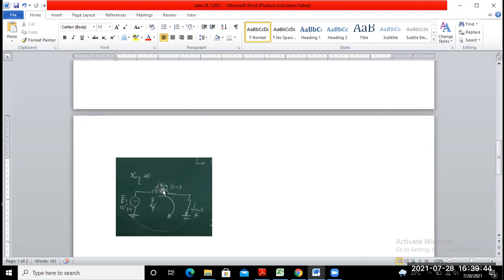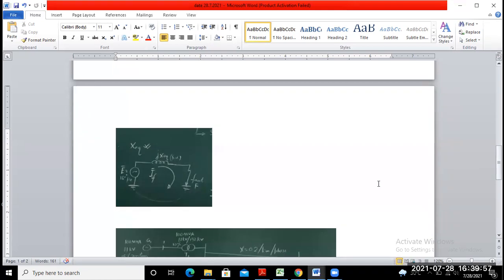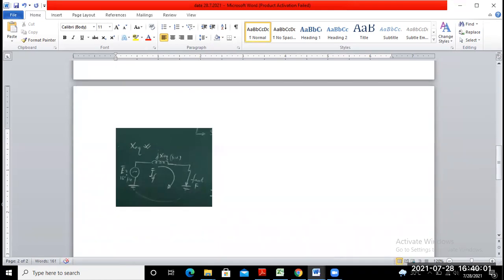Voltage and leakage reactance are also represented in per unit. So IF is represented in per unit. So IF equal to E divided by X, that means reactance value in per unit.